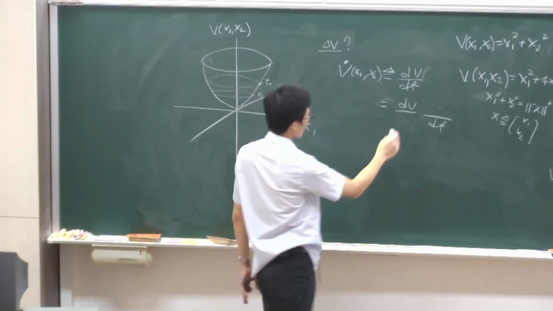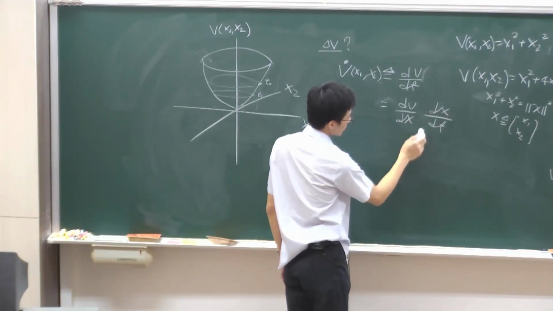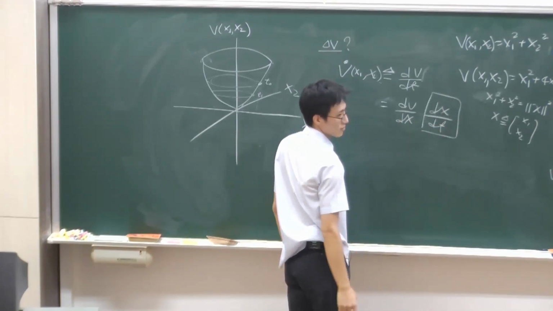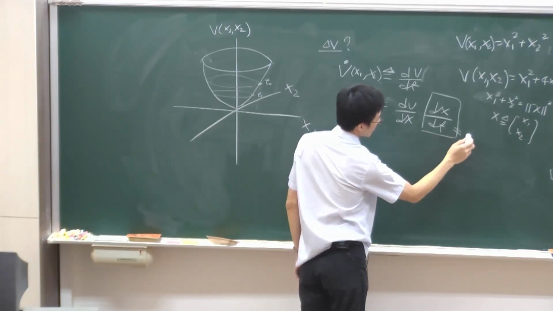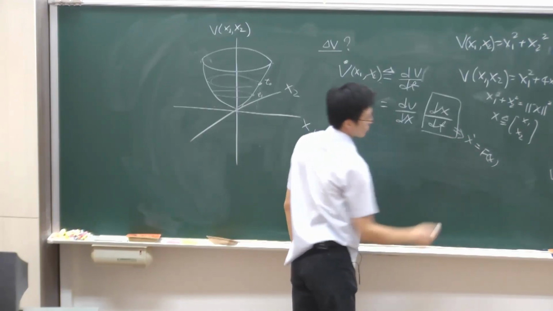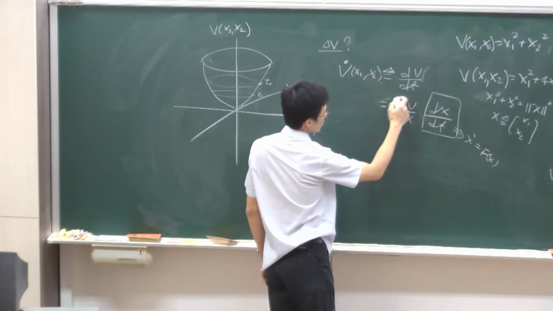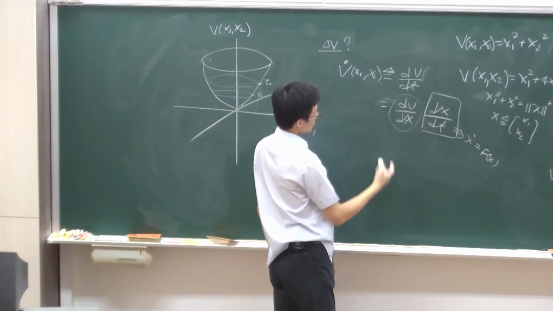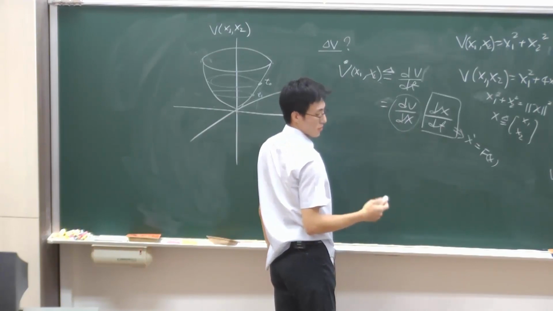You have no choice, x dot. So what is this? The dynamics, right? Dynamics. V, once you define the V, this automatically pops out, right?